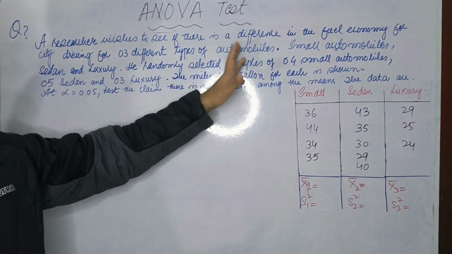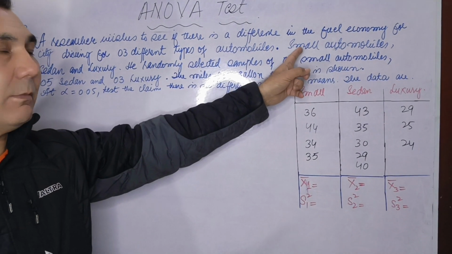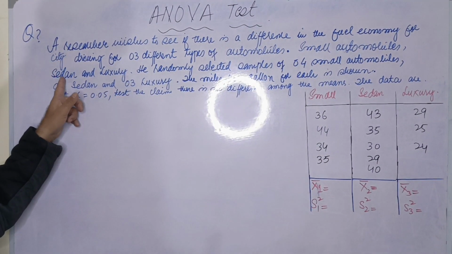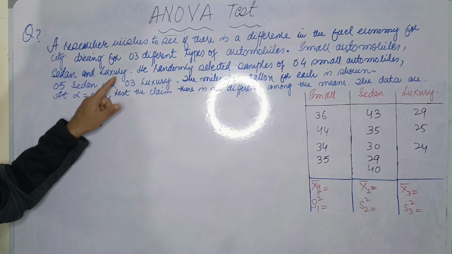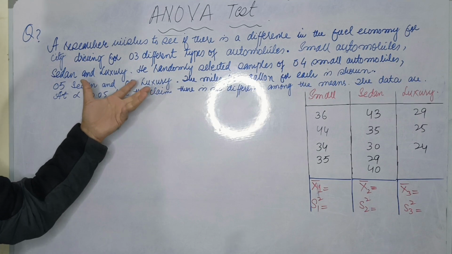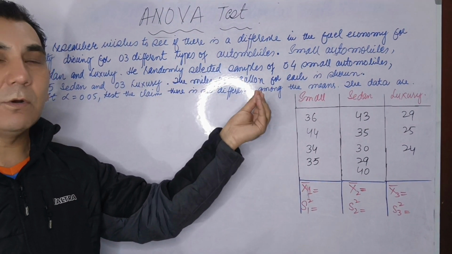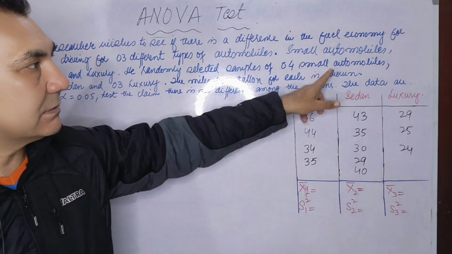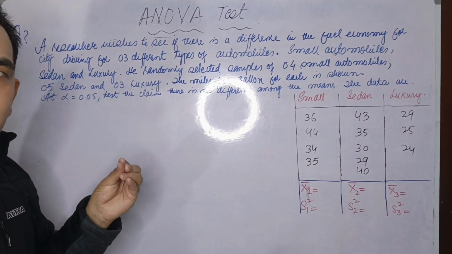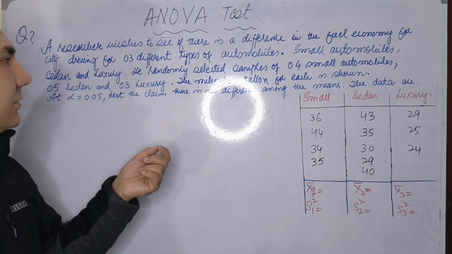To prove his claim, he selected three types of automobiles: small, sedan, and luxurious. He randomly selected a sample of four small automobiles, 5 sedans, and 3 luxurious.